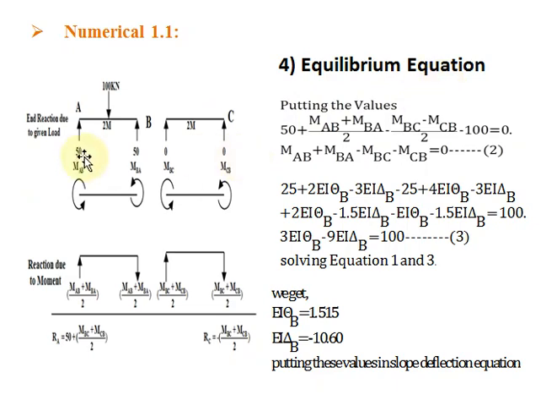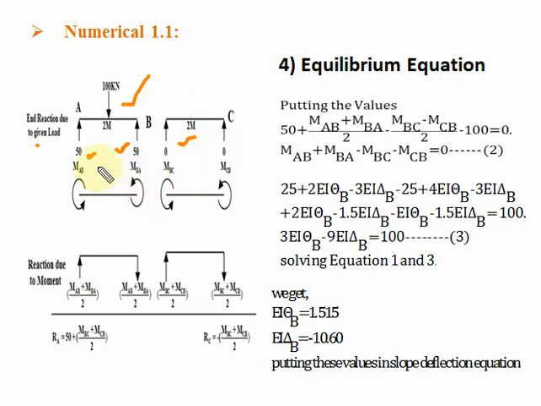Now consider the FBD of each span. In the first span, a 100 kN force acts at mid span. The end reactions due to the given loading will be half: 50 up and 50 up. For the second span, there is no load, so the reaction will be 0.